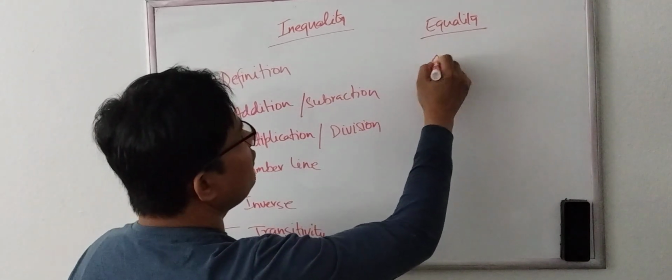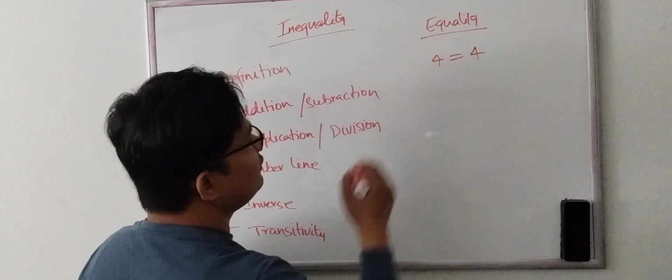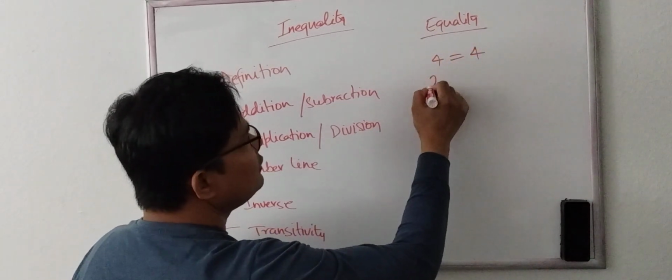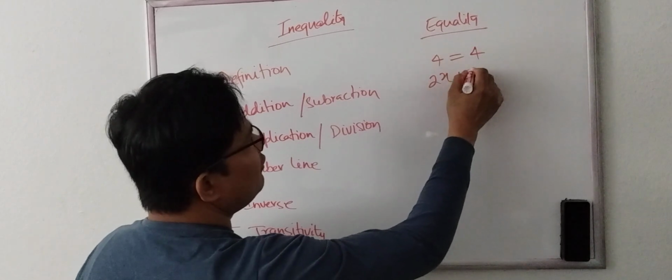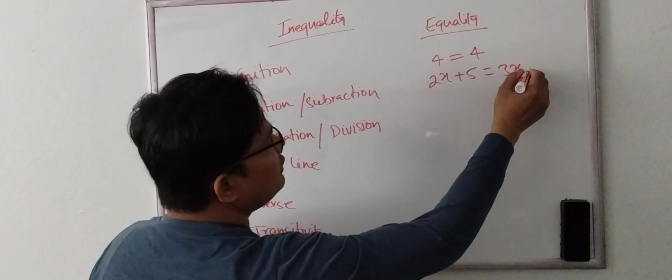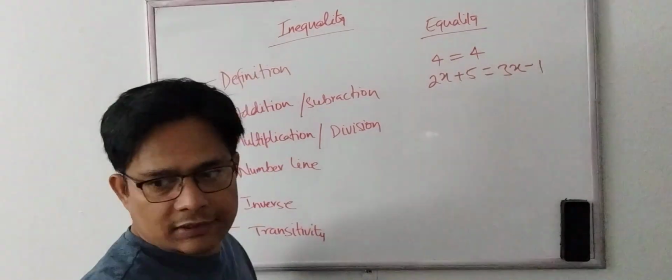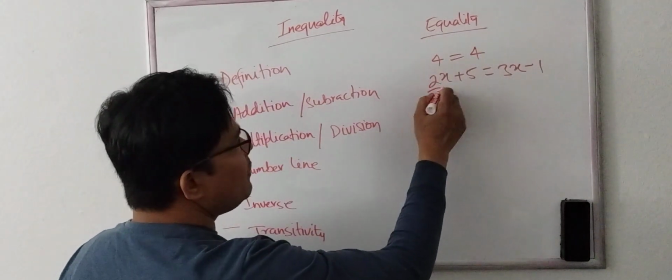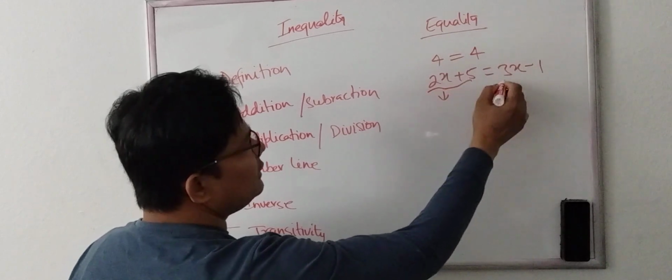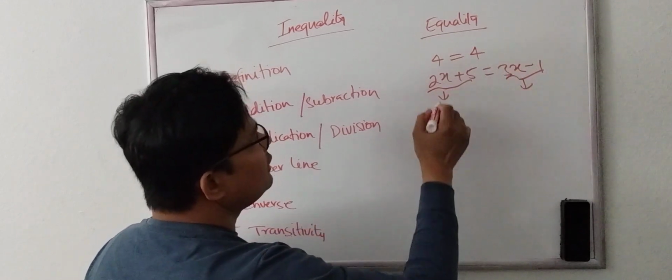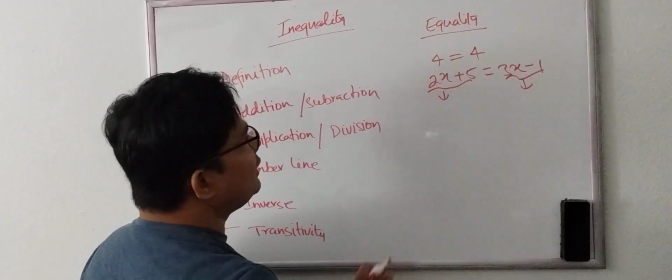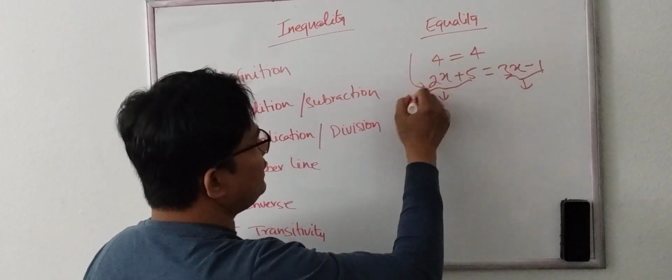Let's say 4 equals 4, or 2x + 5 equals 3x - 1. This is a mathematical expression, and this is also another mathematical expression. So if they are equal, it shows equality.